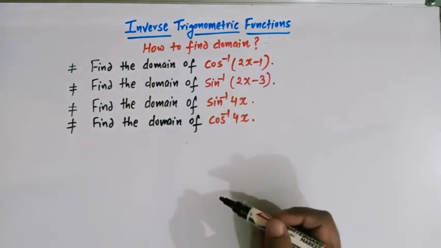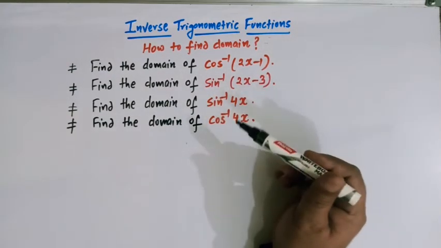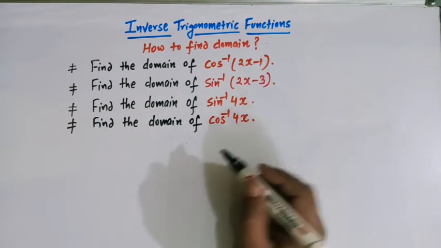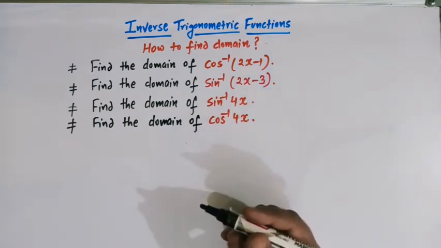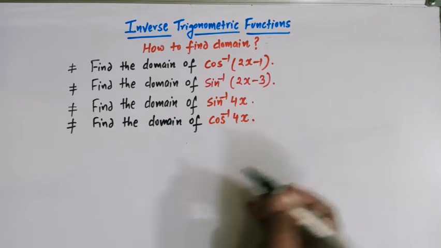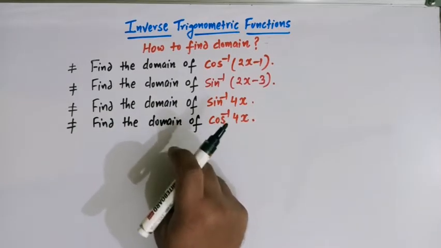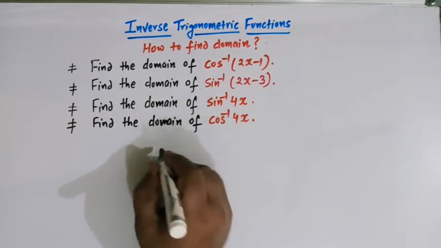But before solving these problems, let me revise some basic concepts related to the domain and range of sine and cosine function. So let us first take the sine function.